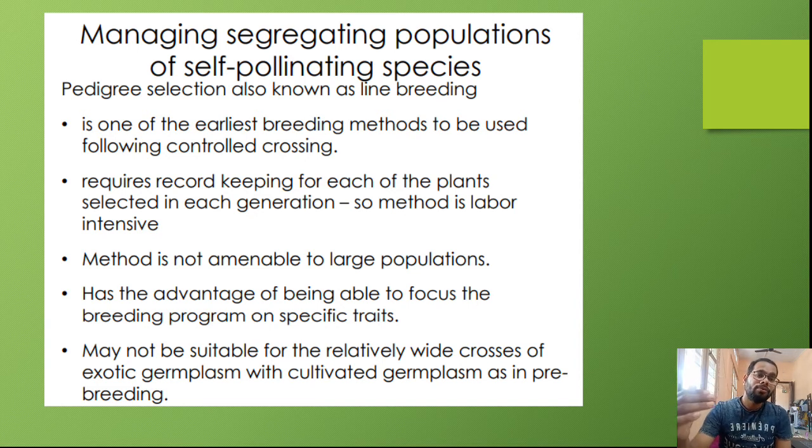Suppose from F2 I select row 2 and plant number 3. So this row 2 and plant number 3 I selected for the F3 generation. I select this plant 3 from row number 2, and I have shown it in the field. It will generate a new plant in F3. In F3 I have shown it in row number 1, plant number 1.